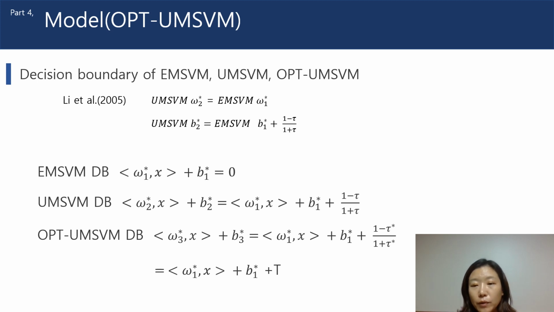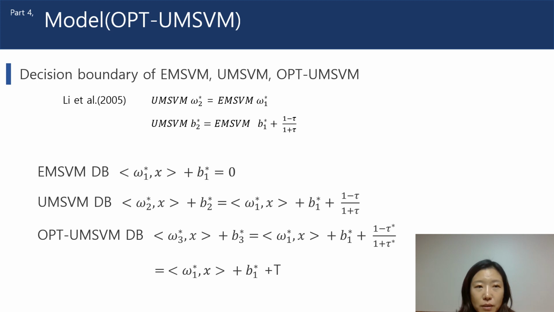The weight of UMSVM is the same as the weight of EMSVM, but the bias of UMSVM differs from EMSVM. In UMSVM, by tau, the boundary of EMSVM is moved in parallel.